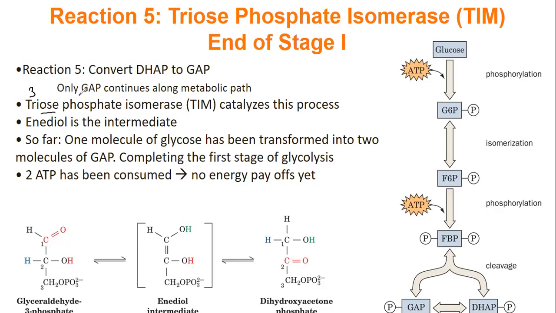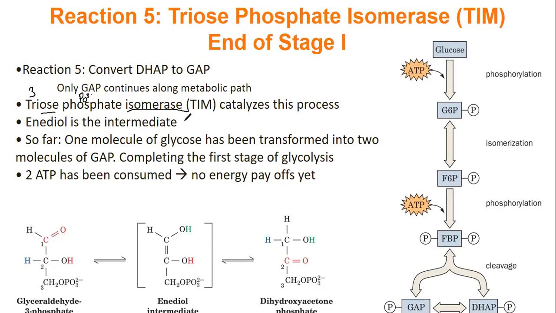Phosphate has a phosphate group attached to it. Isomerase. So an isomerase is an enzyme that simply moves around functional groups. That's what it does. So again, it's in the name. 3-sugar phosphate moving groups. TIM, triose phosphate isomerase.